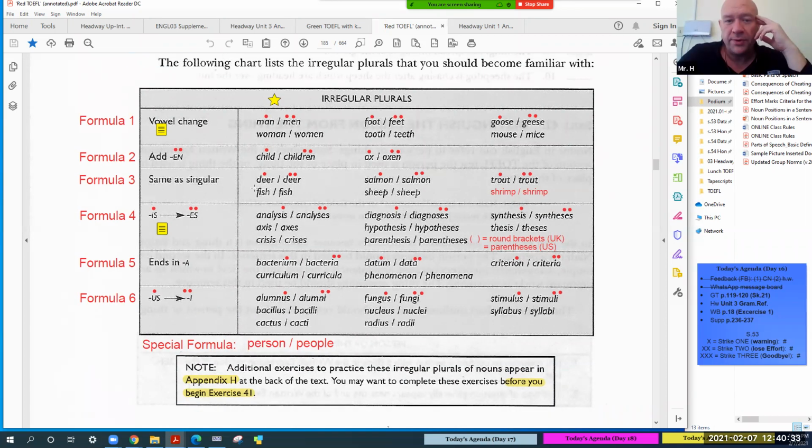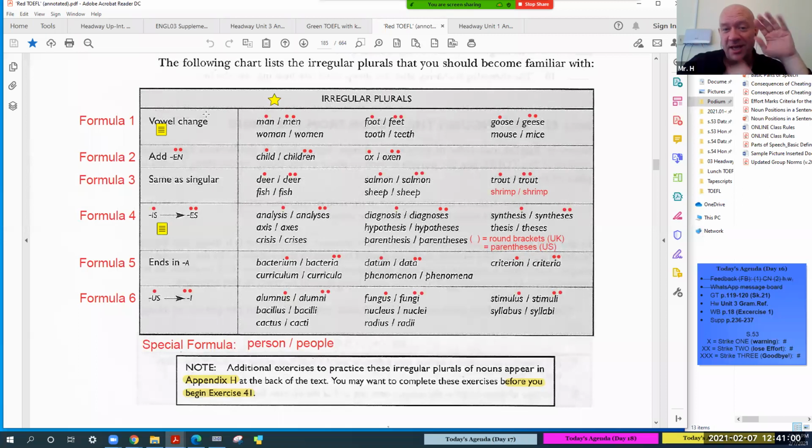Yes, doctor, I have a question. Do we have to memorize it? Well, if you memorize all the irregular plurals one by one, that's difficult. But you're in luck. You can just learn 6 formulas.